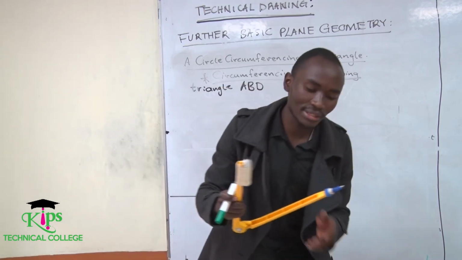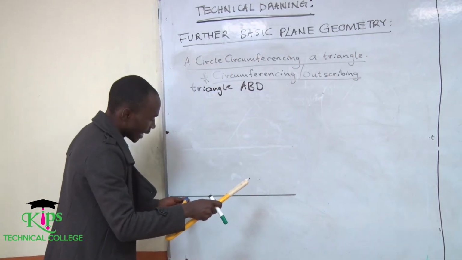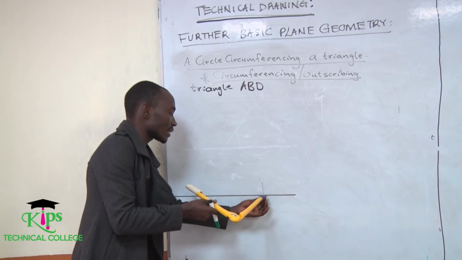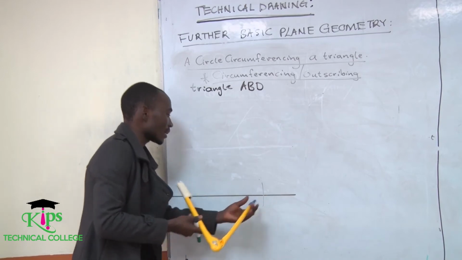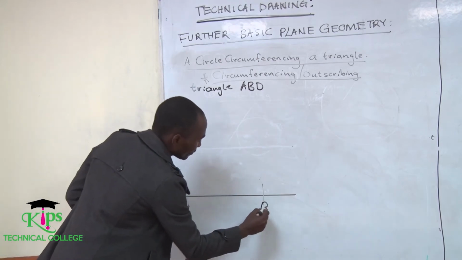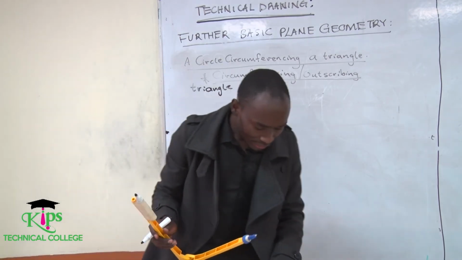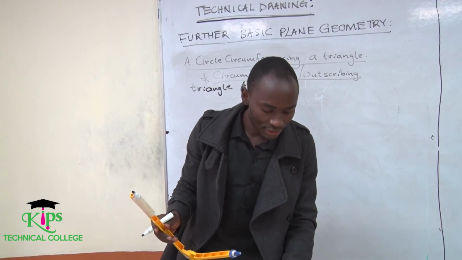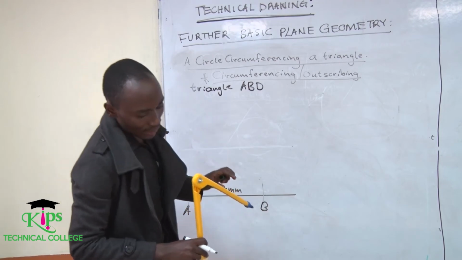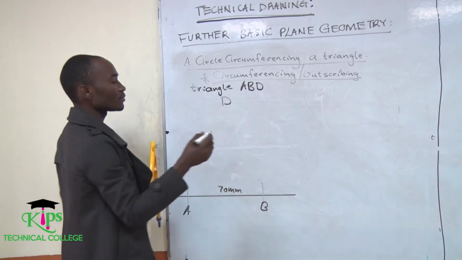Assuming that this is my 70 millimeters straight from the ruler, I will stand here, make a mark. I will also stand here, make another mark. So this is A, B, which is 70 millimeters. Then after that, BD, you have been given 65 millimeters. D should be somewhere at the top. You don't know where it lies.